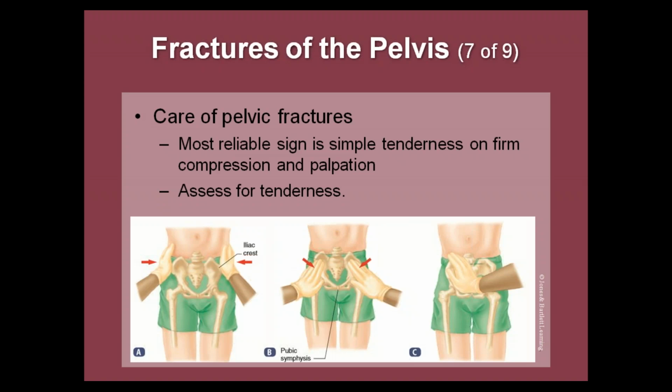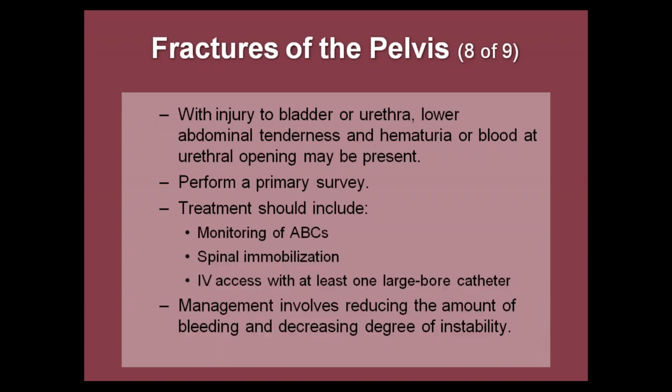As soon as they start exhibiting more pain, you want to release, preventing further damage. With injury to the bladder or urethra, lower abdominal tenderness and blood in the urine or blood at the urethral opening may be present. So they might pee blood.